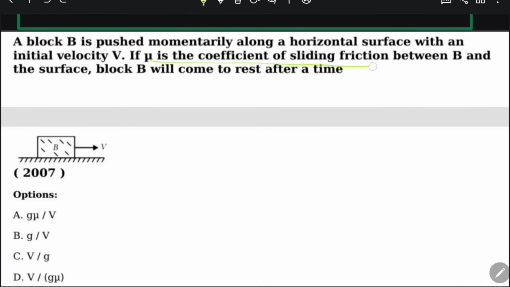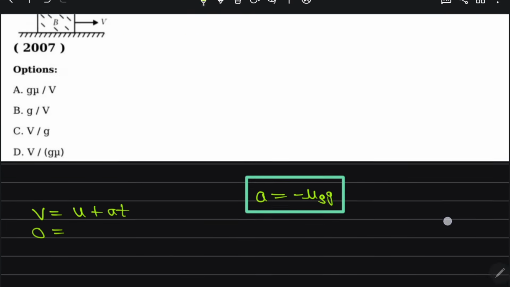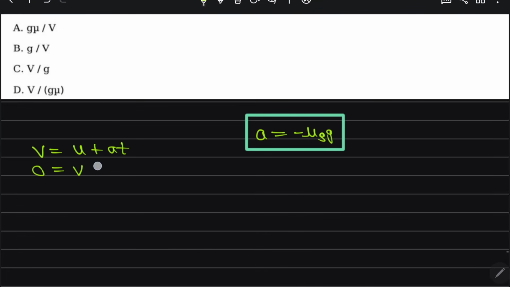They are asking after what time block B will come to rest. Just apply v is equal to u plus at. The final velocity becomes 0, the initial velocity they have given you is v, plus acceleration into time. So t comes out to be (0 minus v) by a.